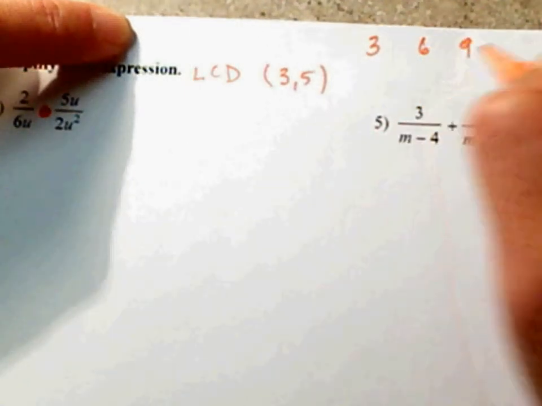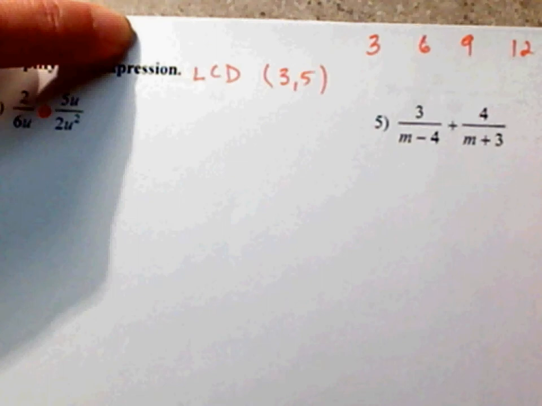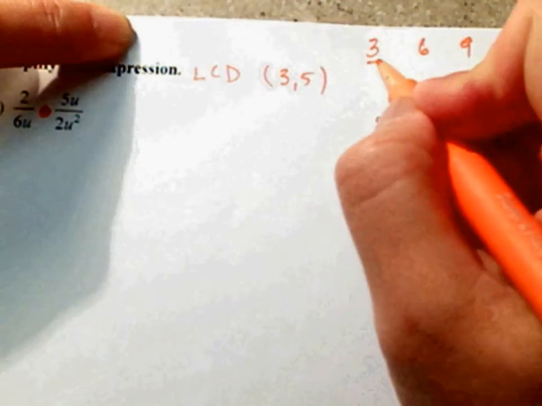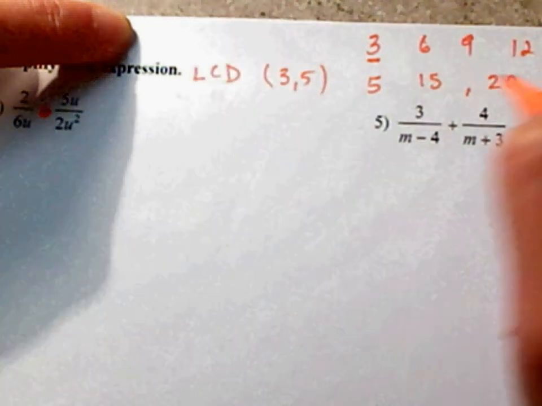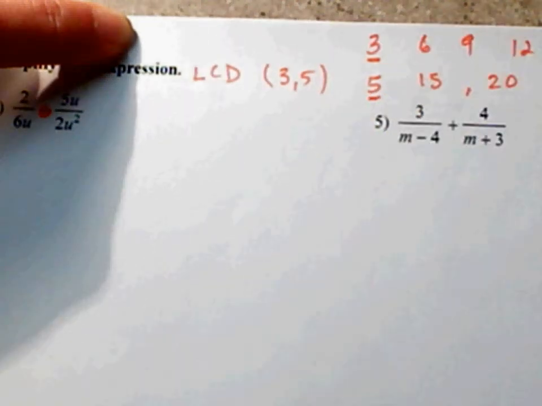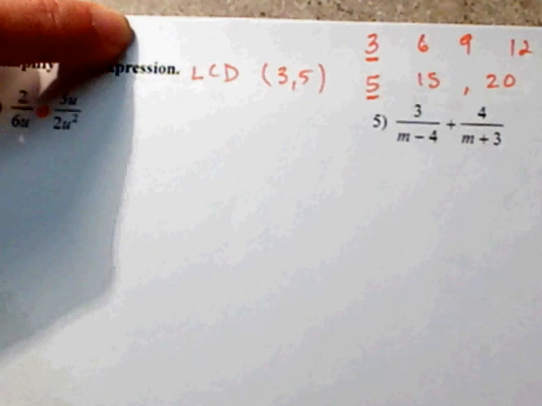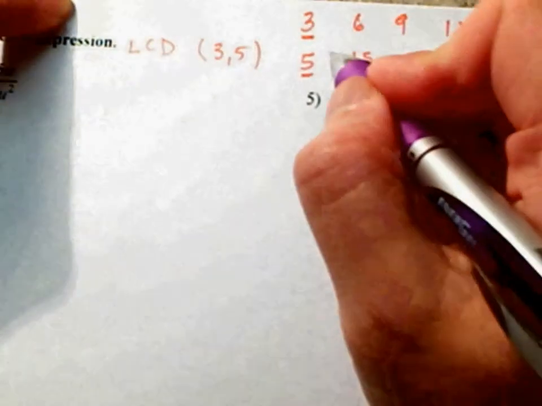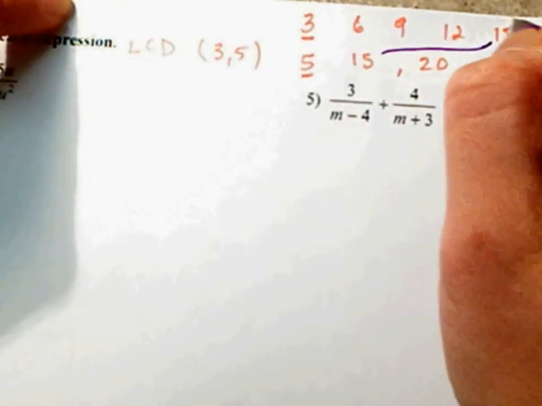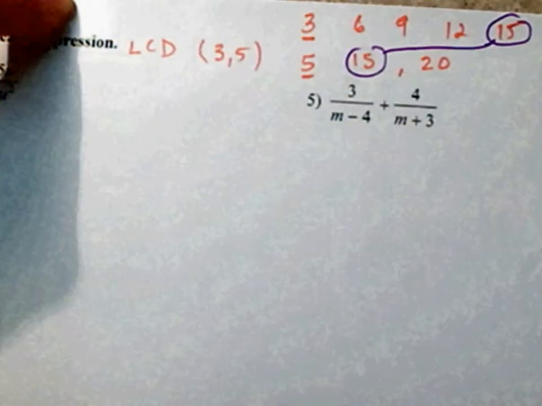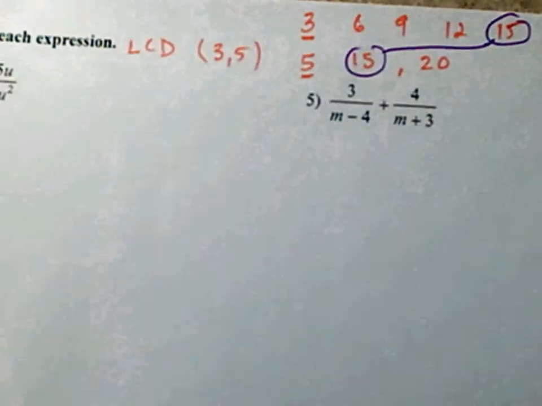What are some multiples of 3? 3, 6, 9, 12, 15, 18. For 5, 5, 15, 20, 25. What is the lowest number they have in common? 15. That is your least common multiple or least common denominator.